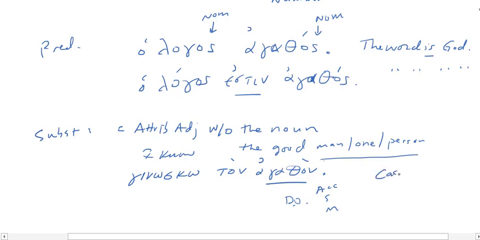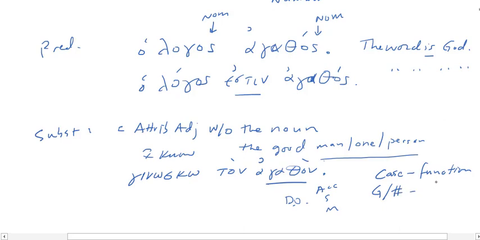So case is based on function in the sentence, right? In this case, pardon the pun, it's the direct object of gnosko. That's why it's what case? Accusative.